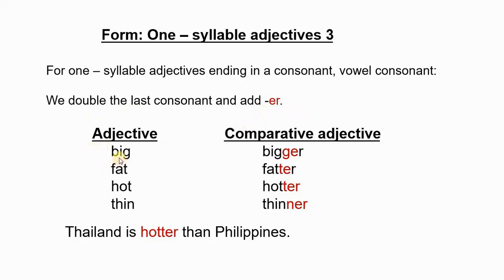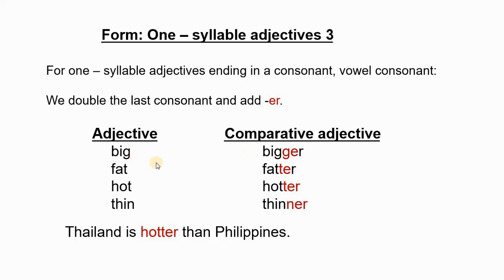Example, big becomes bigger, because the last three letters are consonant, vowel, consonant. So for big, B-I-G, consonant, vowel, consonant.